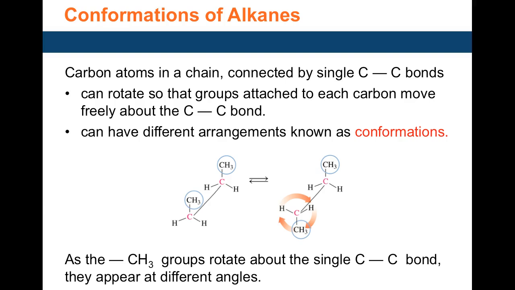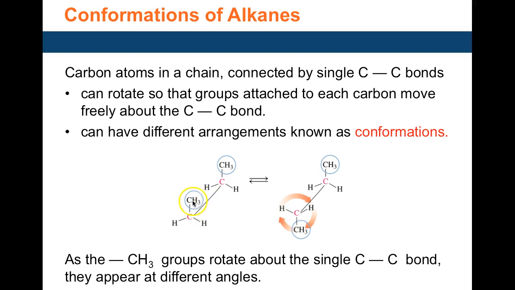All right, conformations are basically arrangements. The arrangements of these atoms in space are known as conformations. Remember, the single bonds mean there's free rotation, so it's freely able to rotate between these carbons.